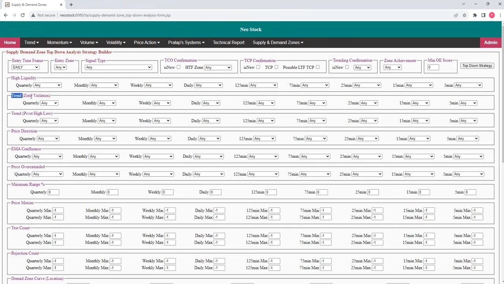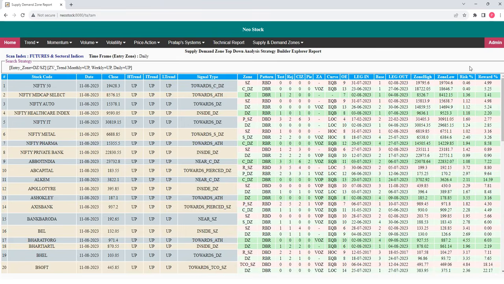So let me choose the parameter trend based on the zone violation, and I am setting the monthly trend as up, weekly trend as up, and the daily trend as up. And click on the button top down strategy, and this is your strategy.